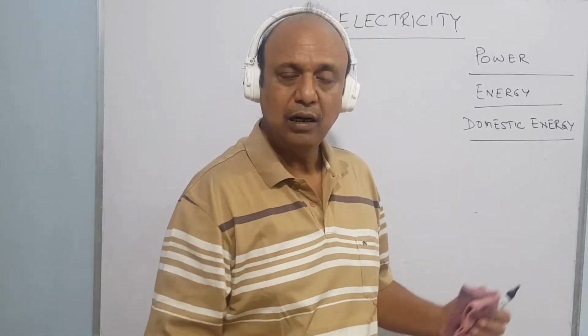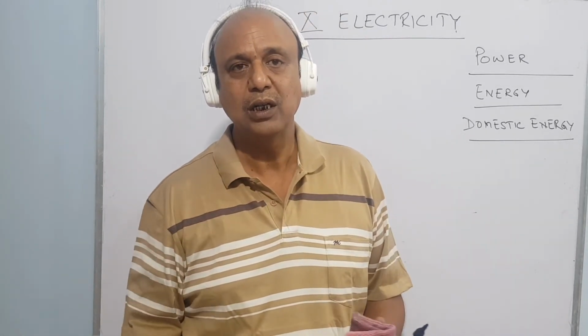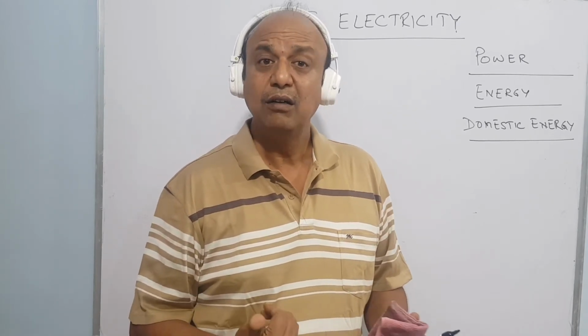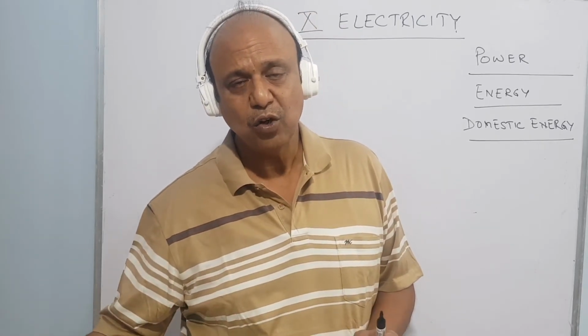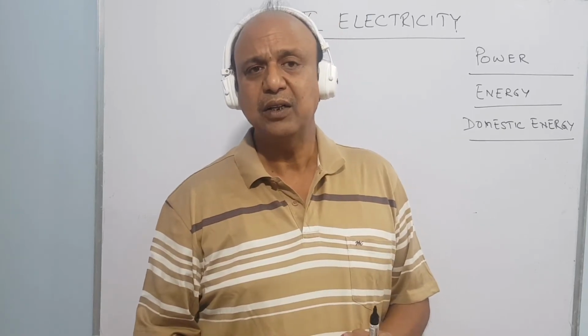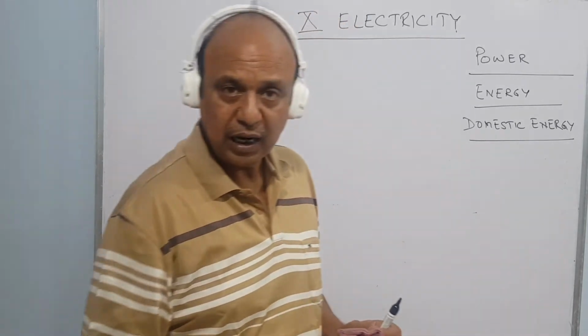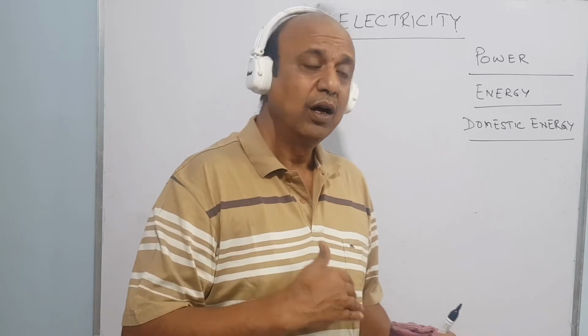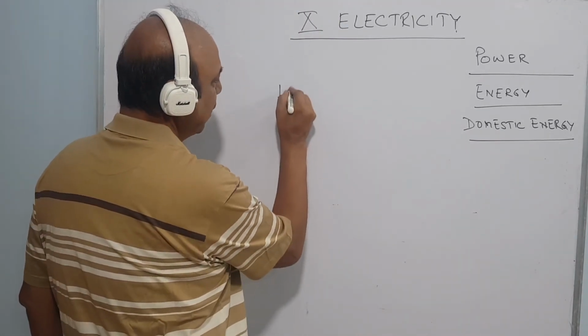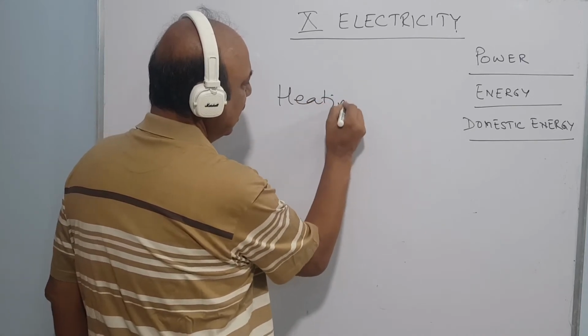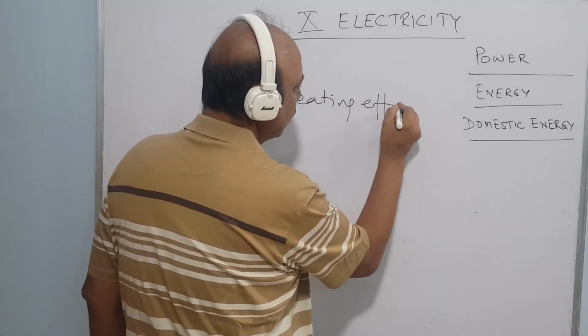Light energy, that is, we are using the lamps and the tube lights. Wind energy, we are using the fans, coolers, ACs and all those things. Heat energy, we are using ovens, microwaves and many other things. Chemical energy also. So let us take the case of heating effect of electrical energy, which we are going to study today.